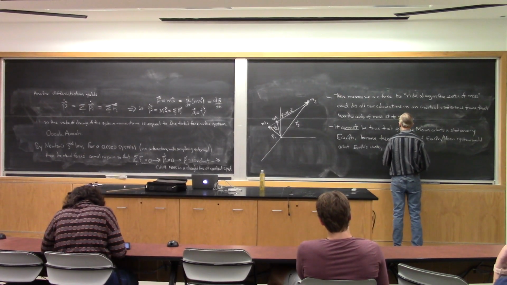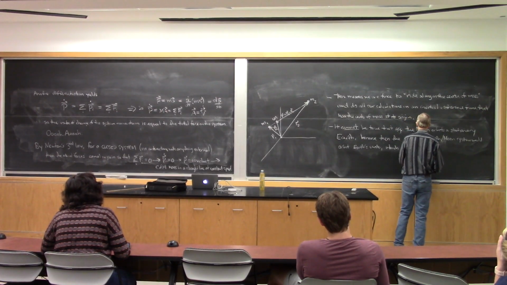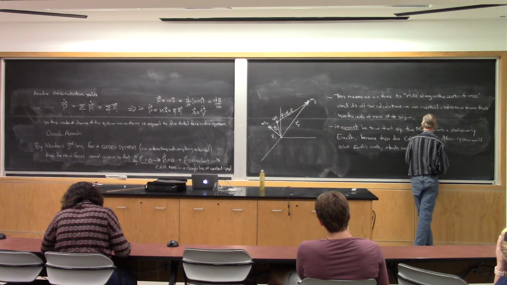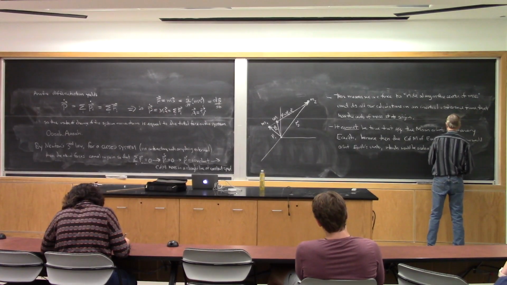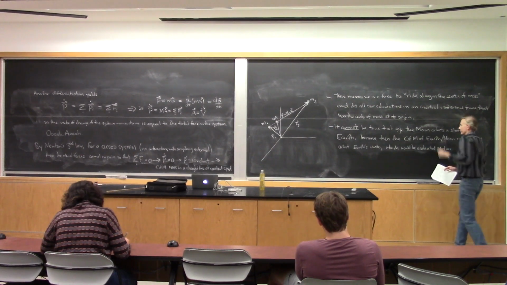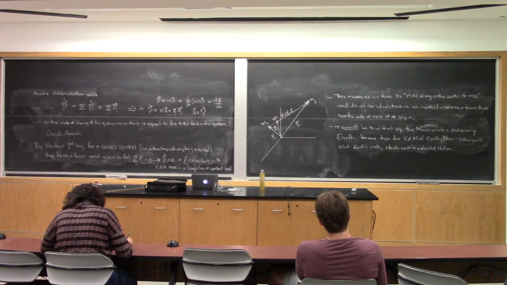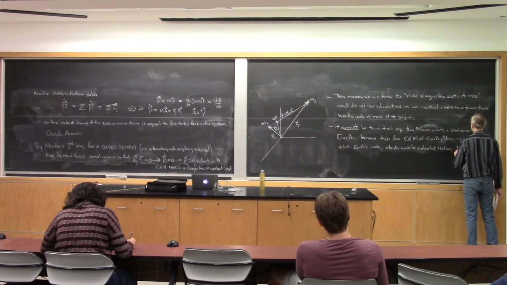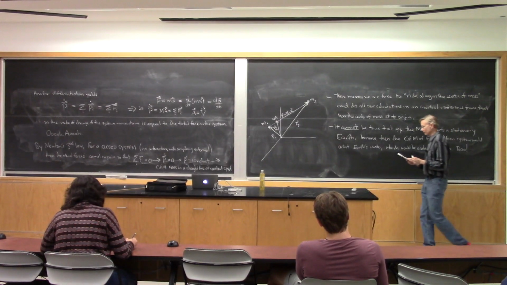That would be accelerated motion. But if you think of the Earth-Moon as a closed system, their gravitational forces on one another cancel. And the center of mass, therefore, should not be accelerating. Right? So that cannot be.